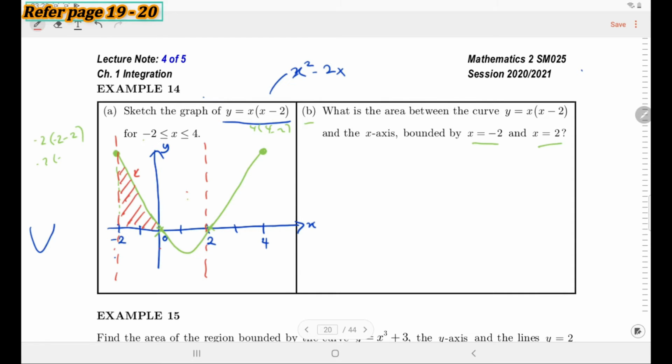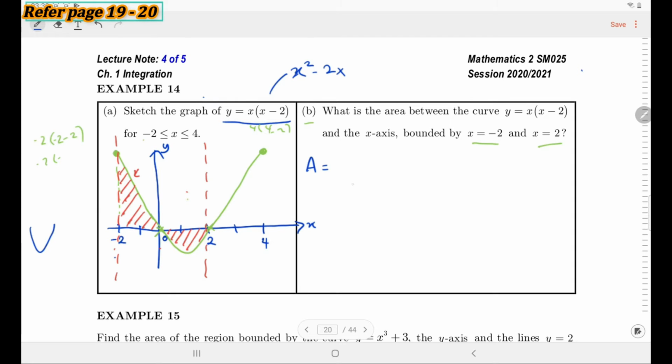Then from 0 to 2, between curve and line, the red one. So we could see clearly that the question is asking about the area between the curve and the x-axis, so the area is A.